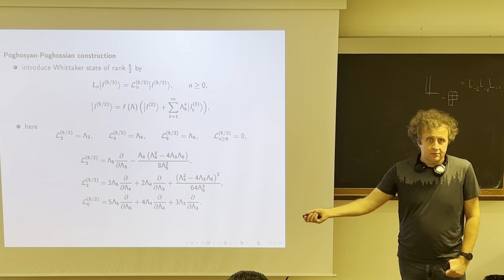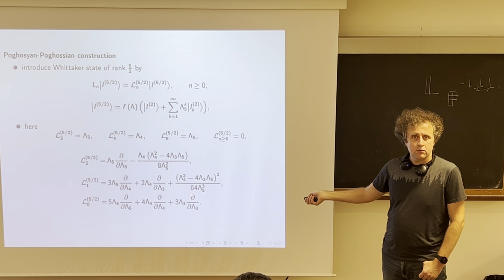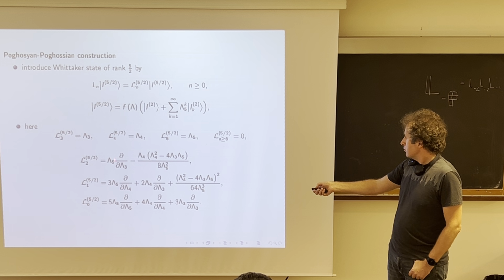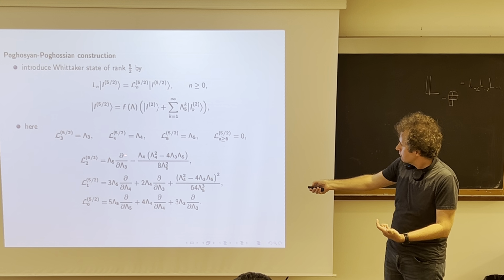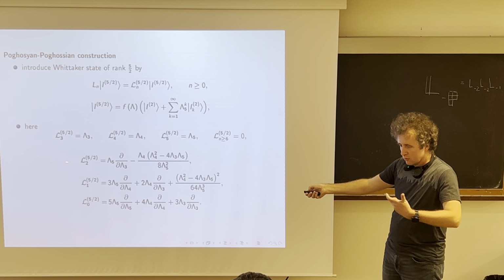You fix eigenvalues, then here L2, L1, L0. So you just put the derivatives with respect to lambda 4 and lambda 3, and what you are trying to adjust is the coefficients here.